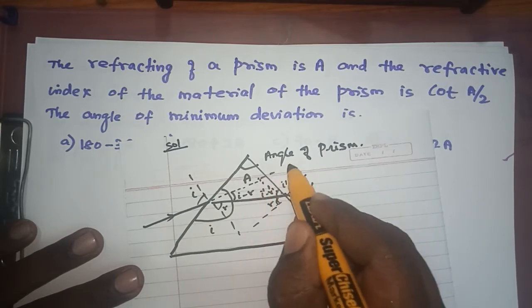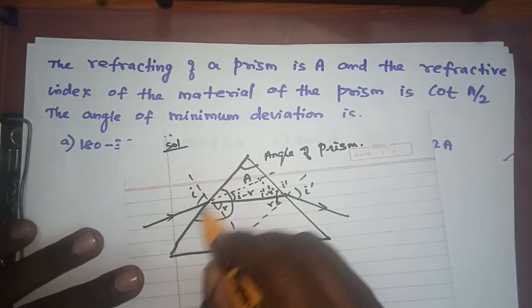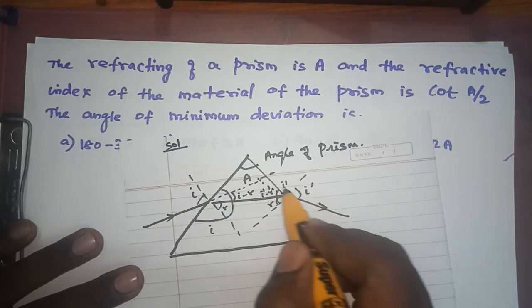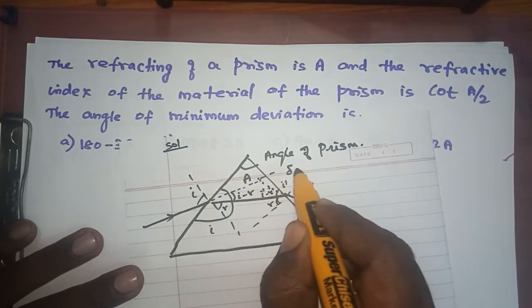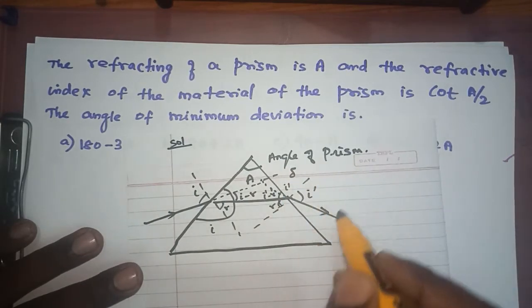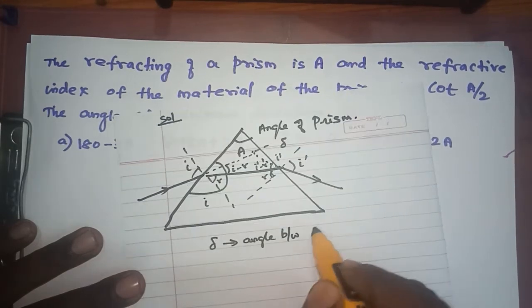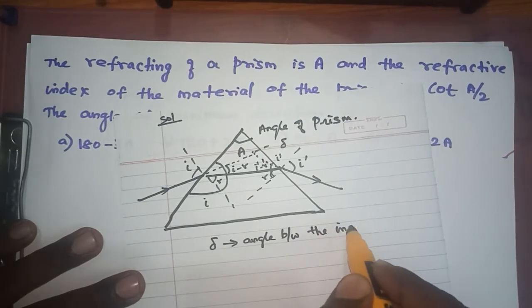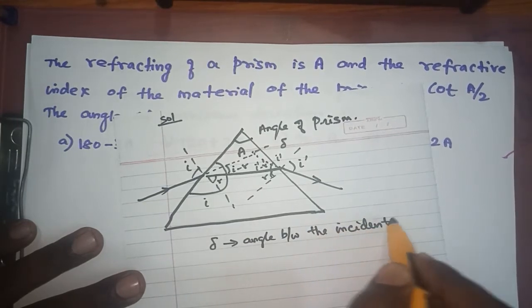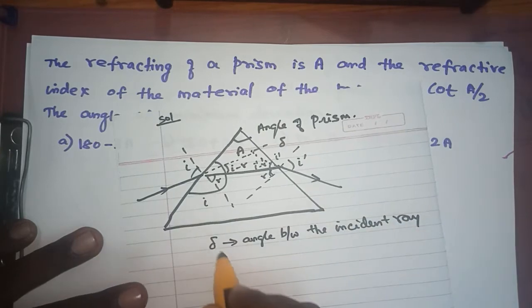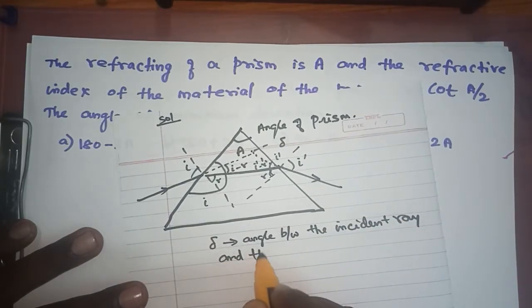So one is the angle of prism, which depends upon the incident face and the emergent face. The angle of deviation is the angle between the incident ray and the emergent ray.